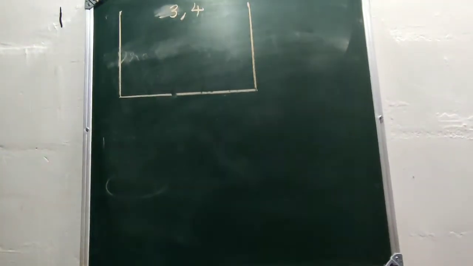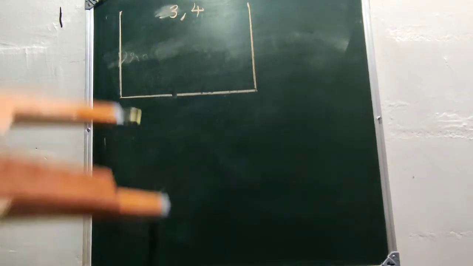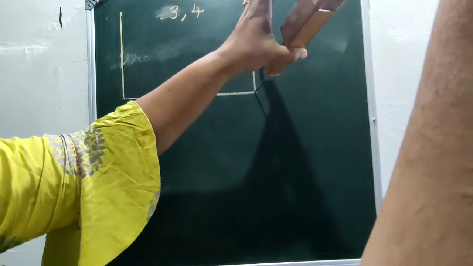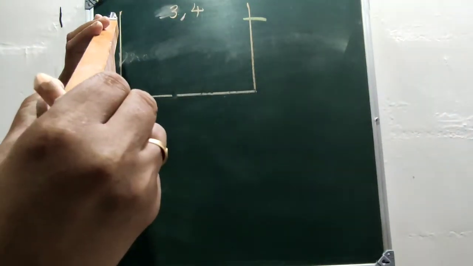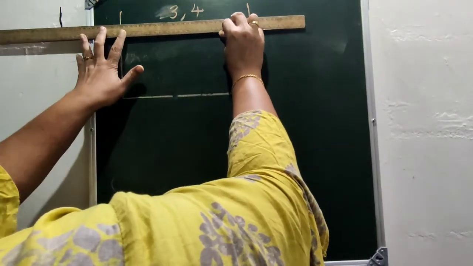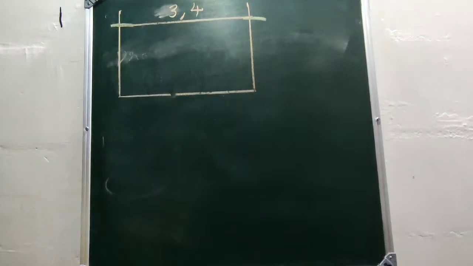Then take your compass and set it to 3 centimeter. Draw 2 arcs of length 3 centimeter on those lines. Then we will get the other 2 vertices of the rectangle. Join those 2 vertices, and we get our rectangle of length 4 centimeter and breadth 3 centimeter.